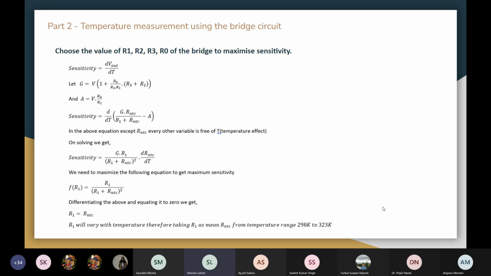From the calculation, we found that R1 must be equal to RNTC, that is the thermistor resistance, but it cannot be the same because RNTC will vary with temperature. That's why we chose the value of R1 as the average of RNTC in the temperature range.